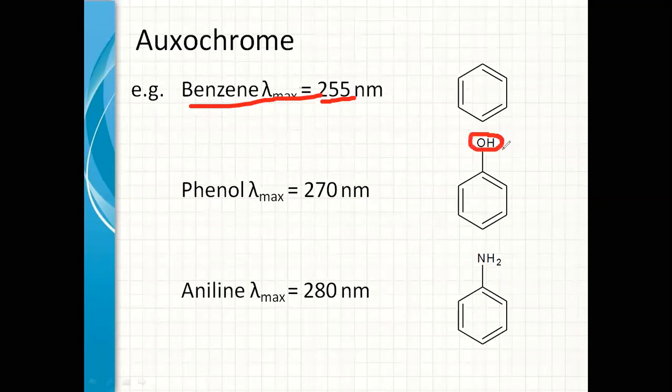It has shifted the ability of benzene to absorb to a longer wavelength, 270 nanometer. Okay. Similarly, aniline. This is our auxochrome.